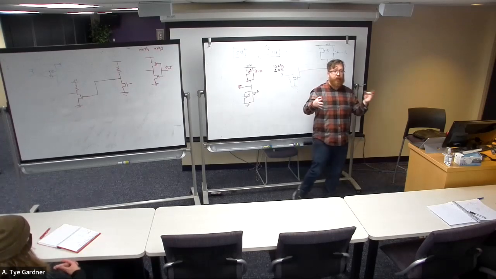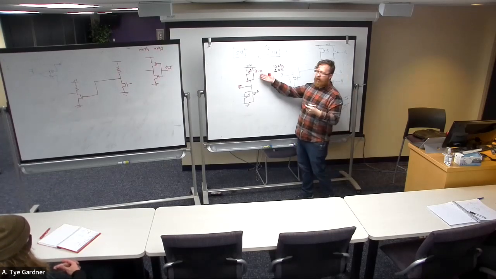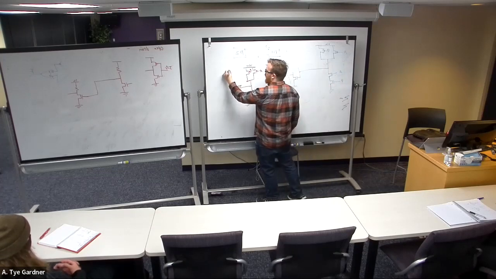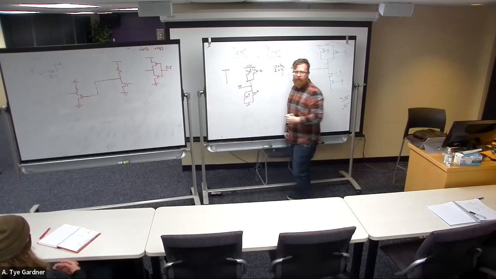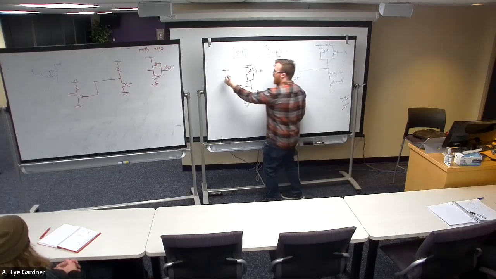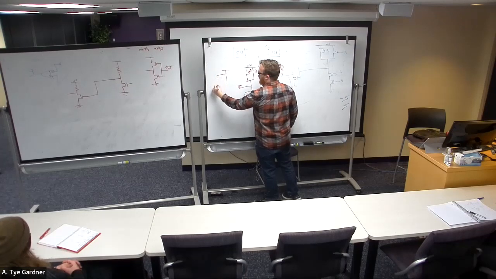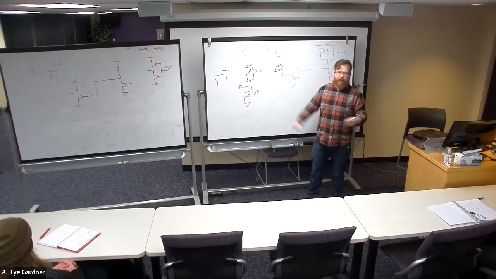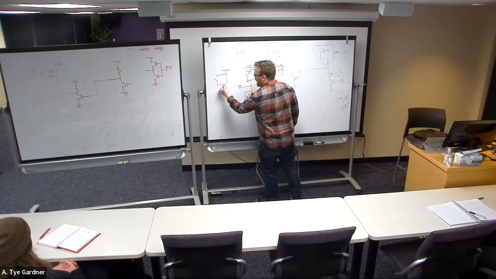A really good way to do this analysis is to start redrawing the circuit. Here's VCC, the switch is closed. A is 0, that switch is closed. B is 1, that switch is open. Right, this is a great way to do this analysis. Now it comes down, that's my output Z.